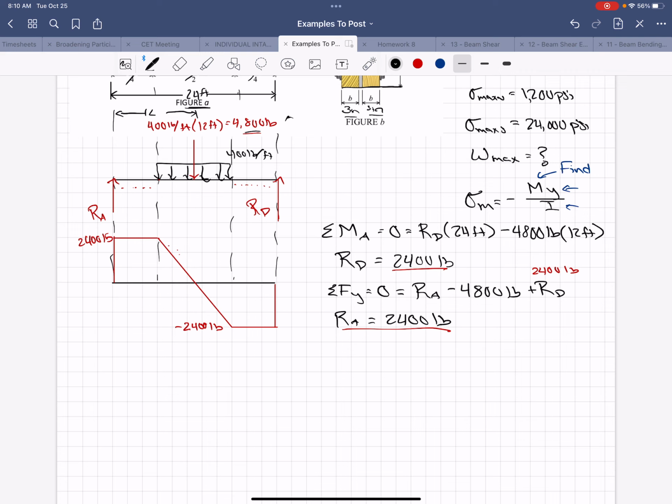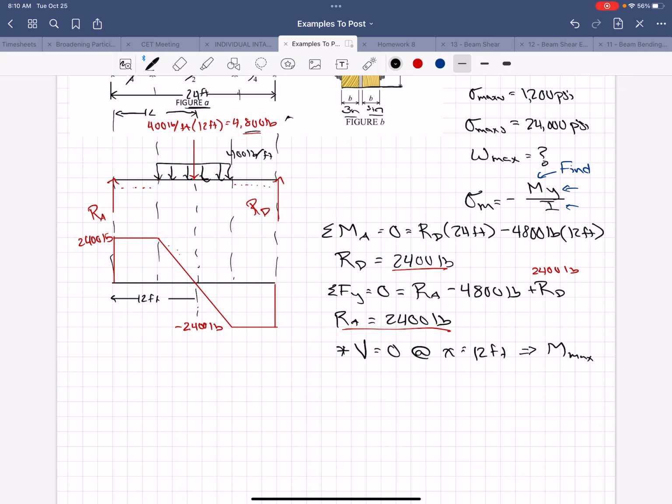Now we need to make a point that V equals 0 at x equals 12 feet. And we know that just from symmetry, that this is going to cross at 12 feet, and that will be a maximum moment.